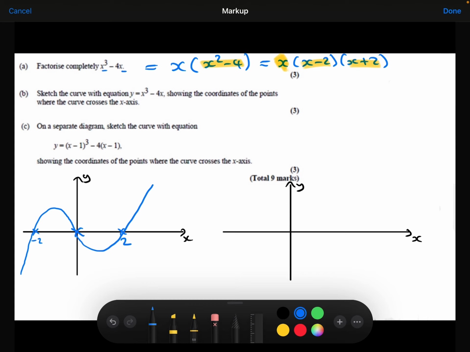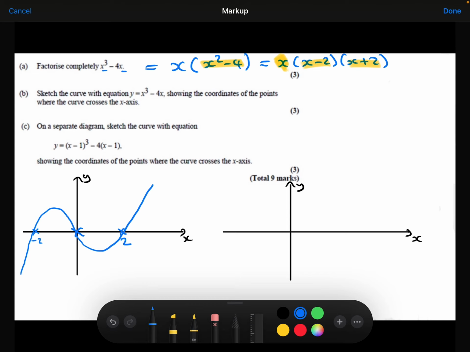Part C. On a separate diagram, sketch the curve with the equation y equals (x minus 1) cubed minus 4 lots of (x minus 1), showing the coordinates of the points where the curve crosses the x-axis. Well, this is part C of the question. I'm thinking that this has probably got something to do with what I've just done.